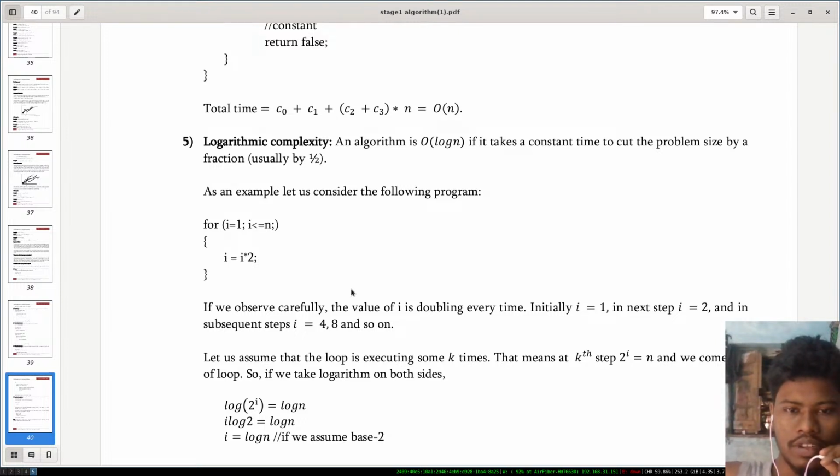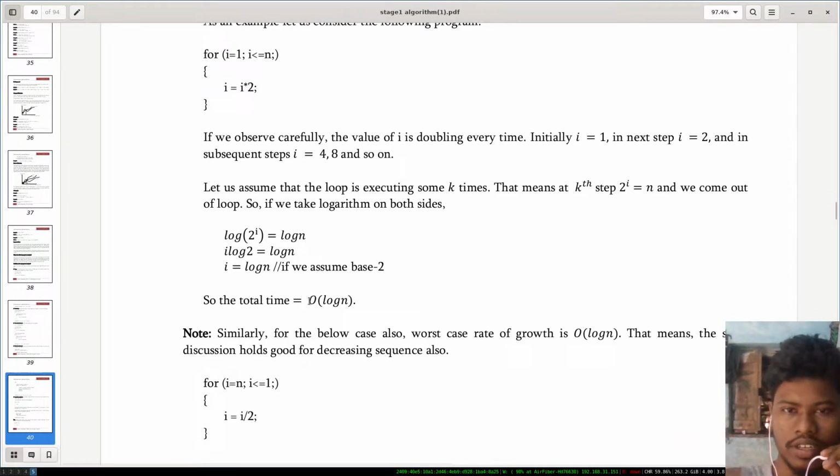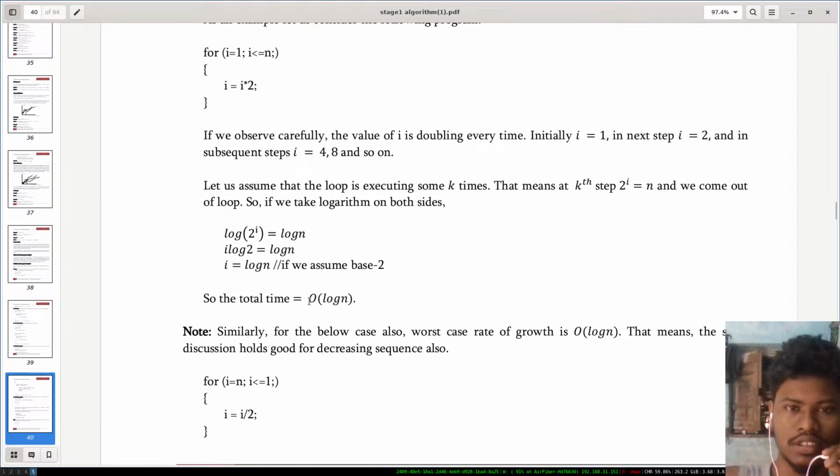If you observe carefully, the value of the step is initially this, next step 4, and subsequent. Now let's assume that the loop is executing some k times.